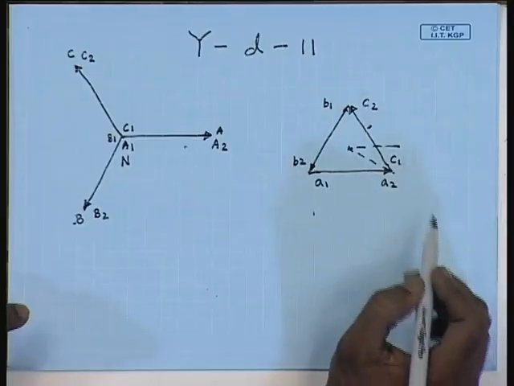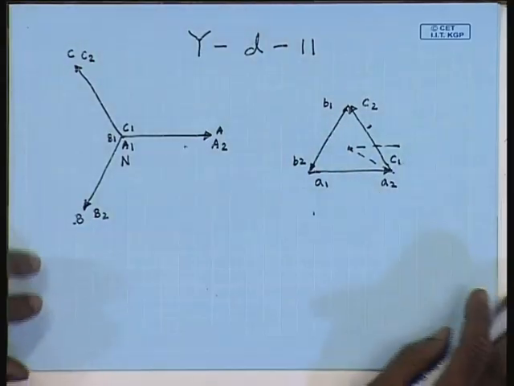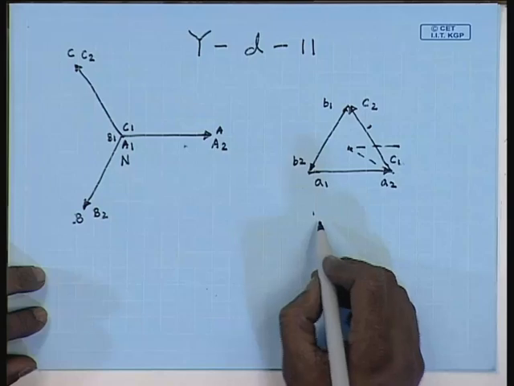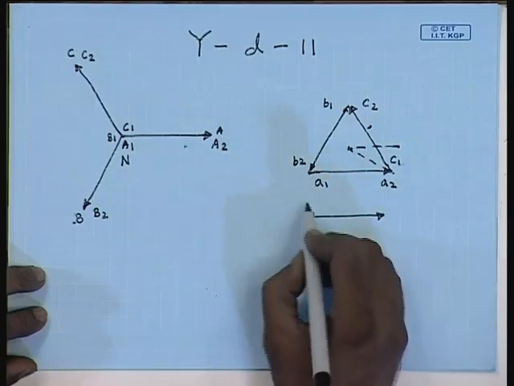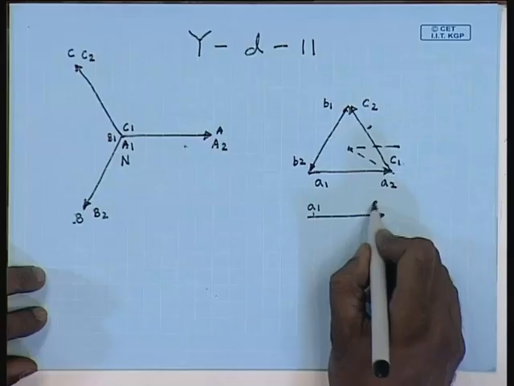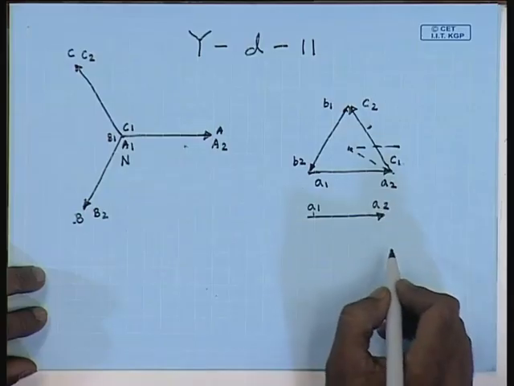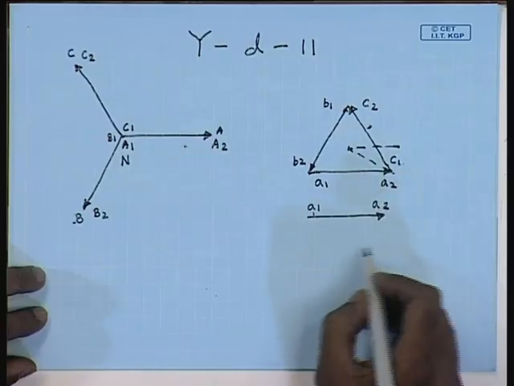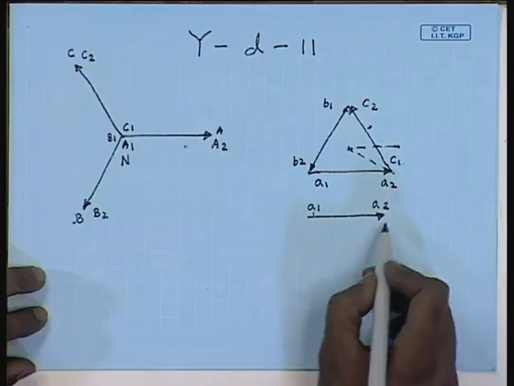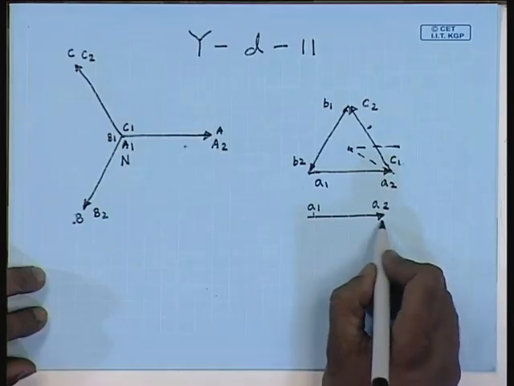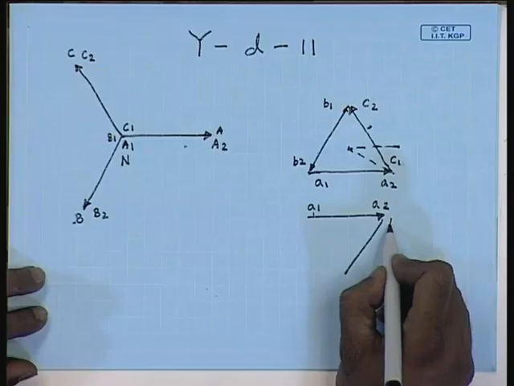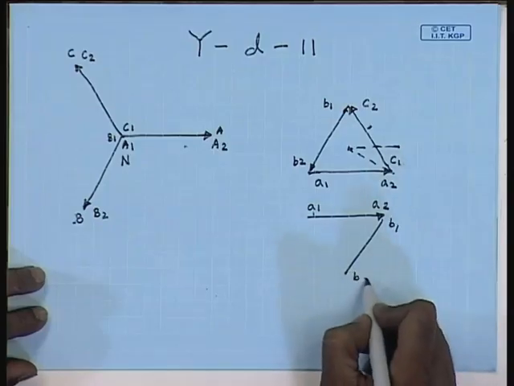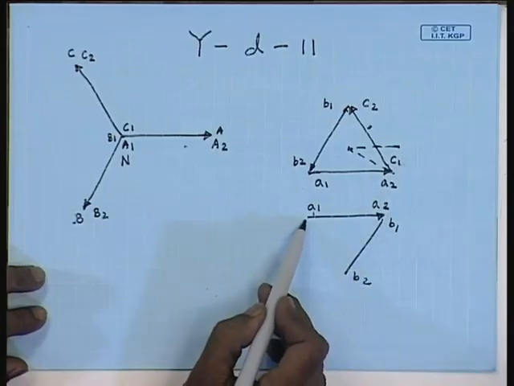Hence, this connection cannot be accepted for this case. Hence, the connection will be like this: A1, A2, B1, B2, and C1, C2.